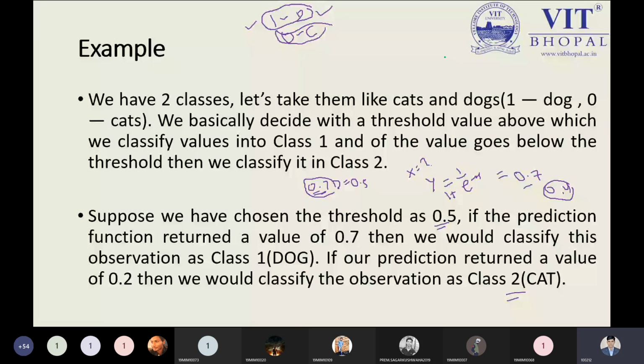So we can say now that it should be a dog. Why? Because we have labeled dog as 1 and we have labeled cat as 0. So definitely we can easily identify the input on the basis of input features. This is a dog. That is my point. We need to understand that logistic regression plays an important role to classify your data. So that is a good example we have over here.